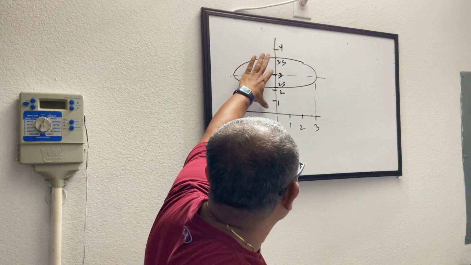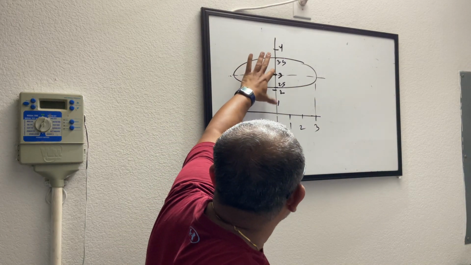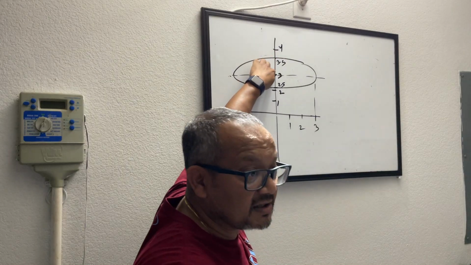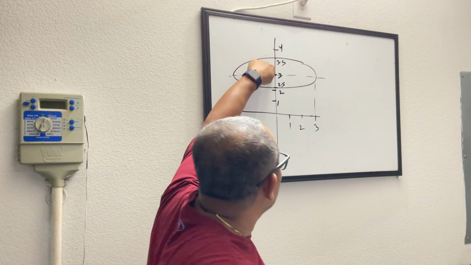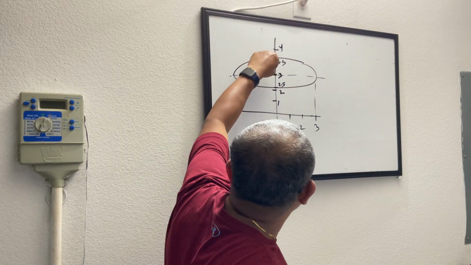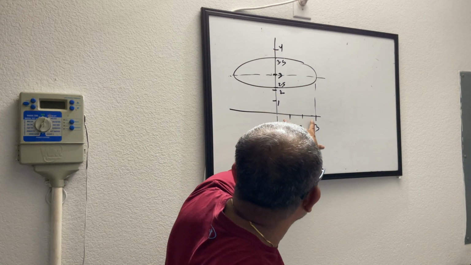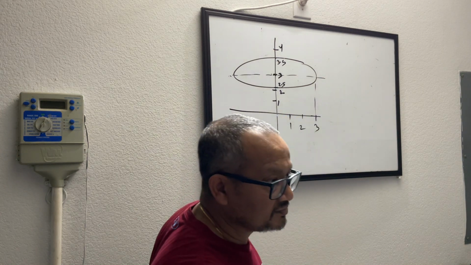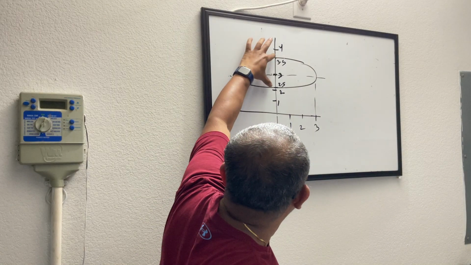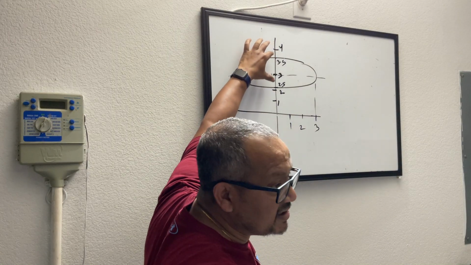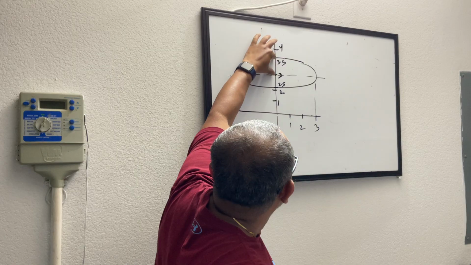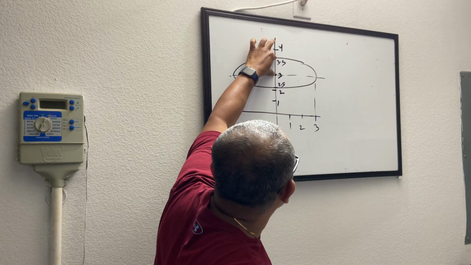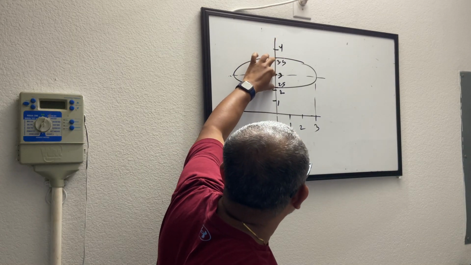I'm just helping you visualize this. This is my center of the ellipse, which is at y equal to 3, and here the end point is at x equal to 3. And when you look at the minor radius side of it, this center is at 3 and this is 3.5, this is 2.5.